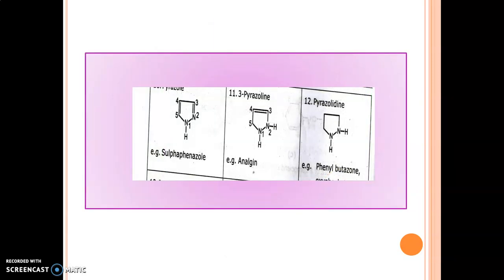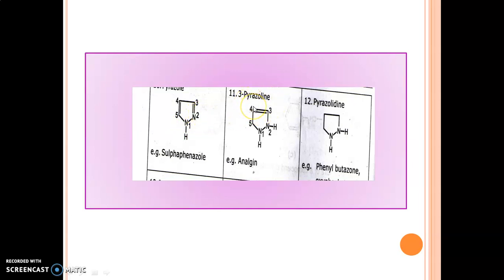Then we move towards the next ring, that is a five-membered ring containing two nitrogen atoms. Name of the ring is pyrazole and it has two double bonds. The numbering should be given: nitrogen containing hydrogen is numbered as 1 and the subsequent nitrogen numbered as 2.